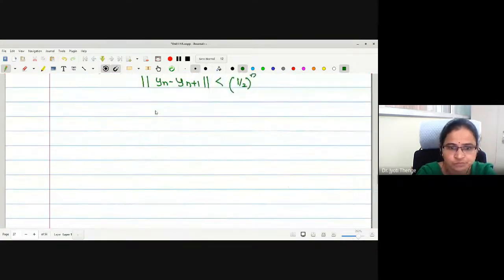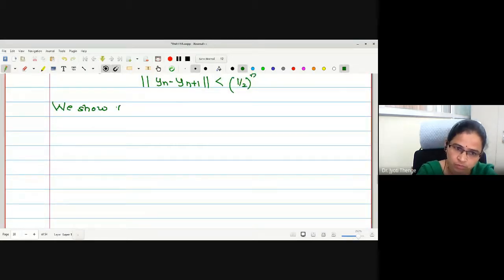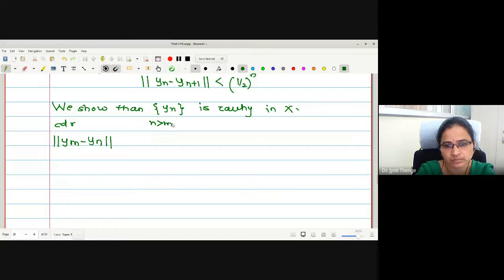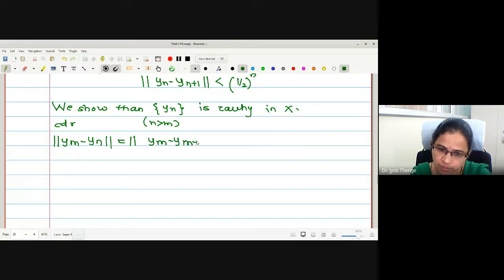Now we show that the sequence yn is Cauchy in X. Consider norm of ym minus yn. Here I am considering n greater than m, just a case. Therefore, can I write this as ym minus ym plus 1, plus ym plus 1 minus.